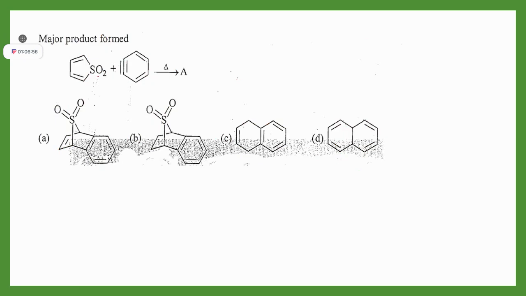This question is again an example of cheletropic reactions, but here your diene part is benzyne, right? So in the paper they can ask you first to make this benzyne. Let's say here Br is given and here fluorine is given and you are given magnesium.